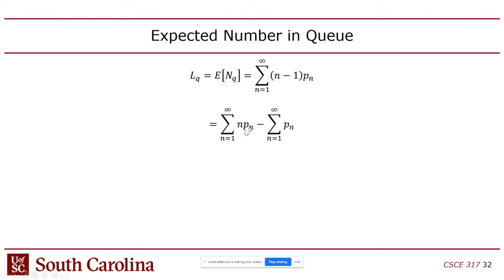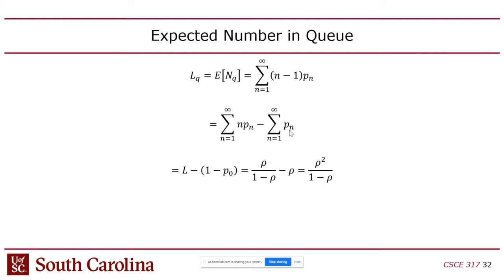This summation you can break into two summations, distributing P sub n. And check it out: this first term, we already know the solution to that. That's L. We're calculating L sub q, we already know L, so we can substitute it. The second one is easy, because it's basically all the probabilities added up except probability 0.